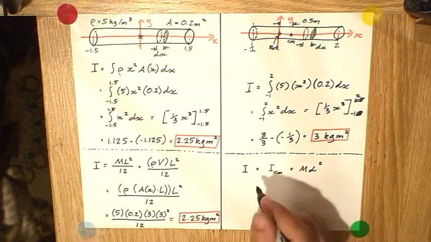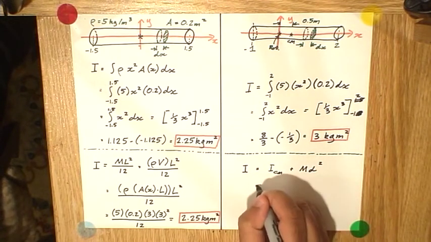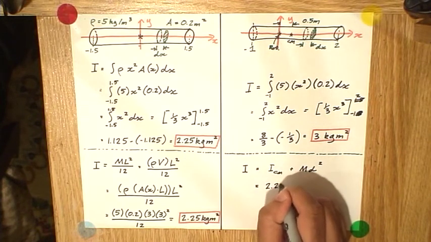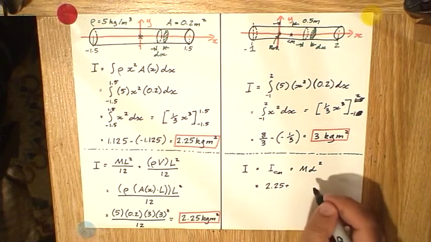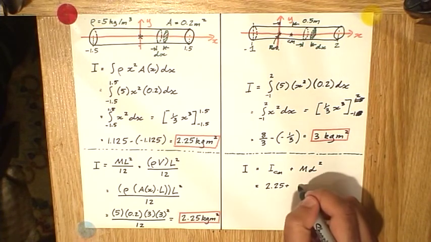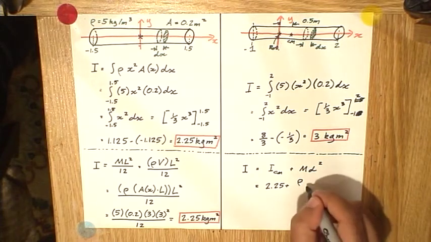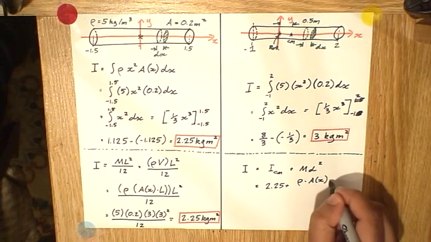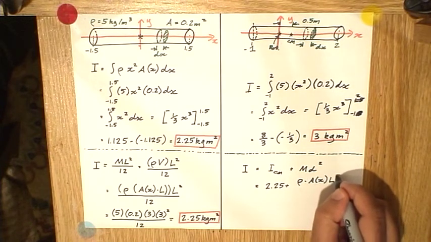So let's plug in what we know. The moment of inertia around the center of mass is 2.25 plus the mass. Now, mass we already worked out. It's equal to the density multiplied by the area multiplied by the length.